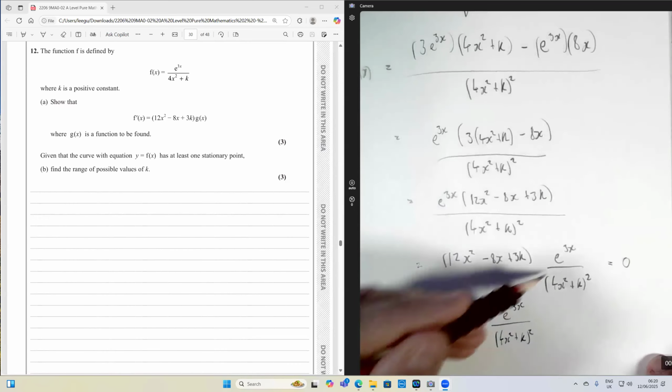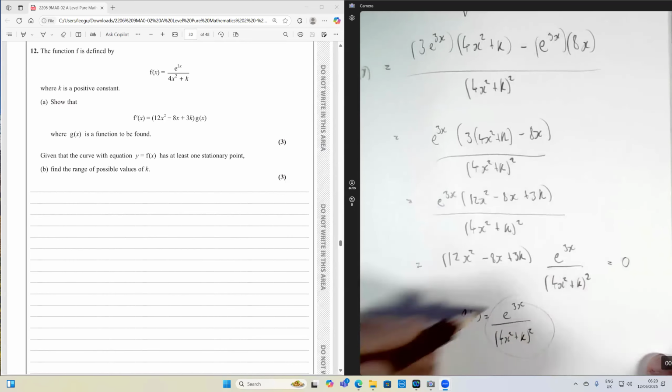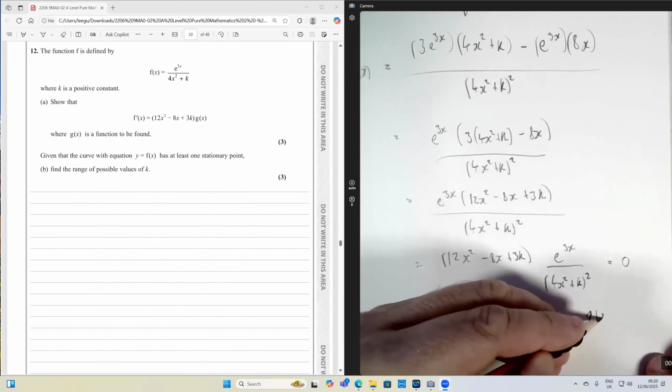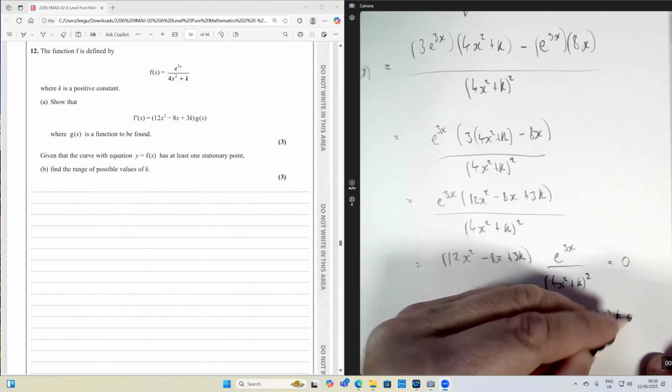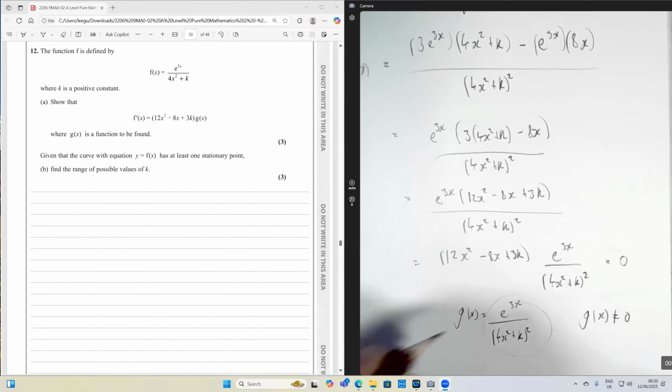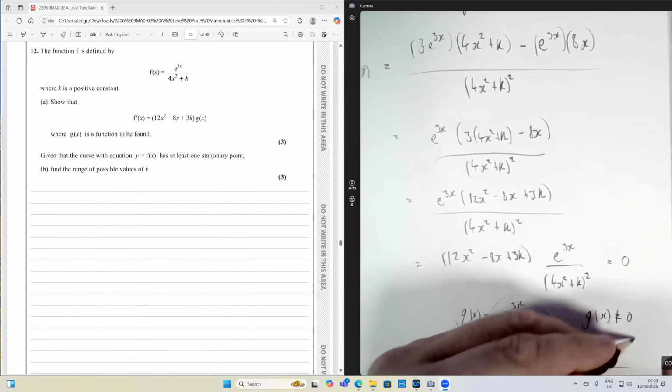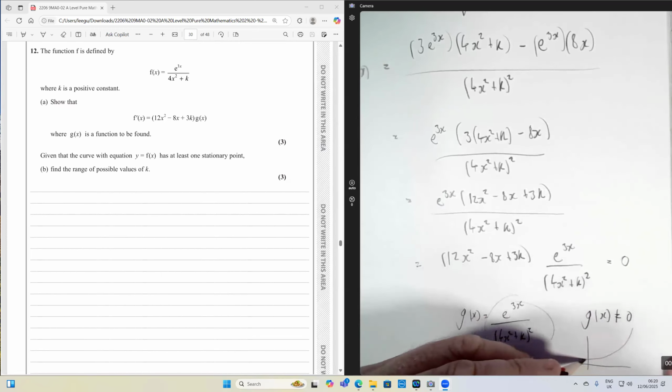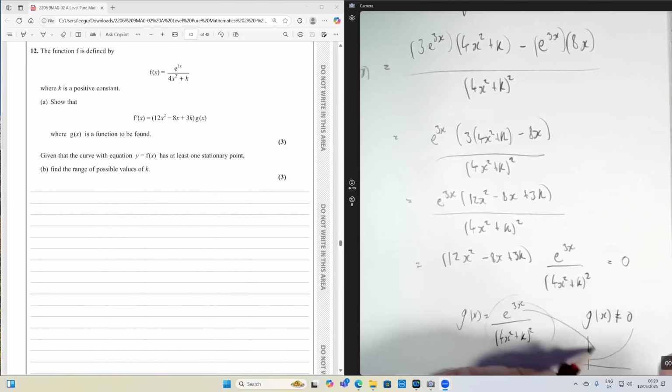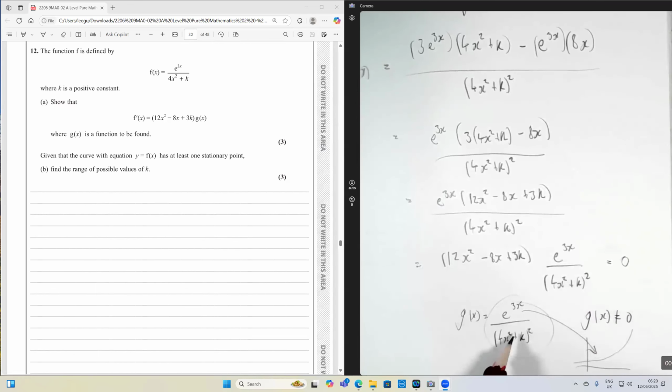Well, we can say that g of x is not going to equal 0. We can tell that because the numerator is an exponential, which doesn't equal 0, and the denominator is just something squared with a constant squared, so that's going to be positive. So we can safely say that g of x is never going to equal 0.